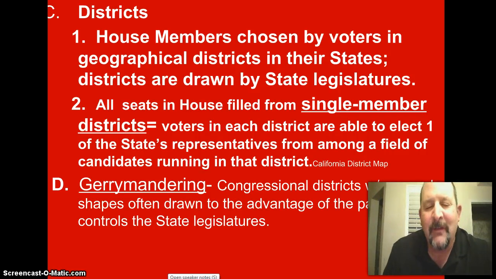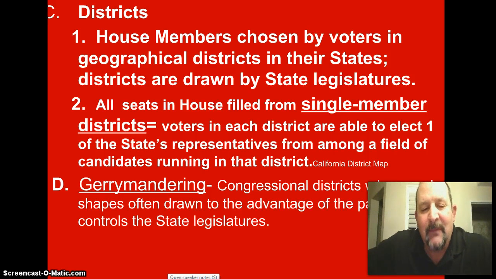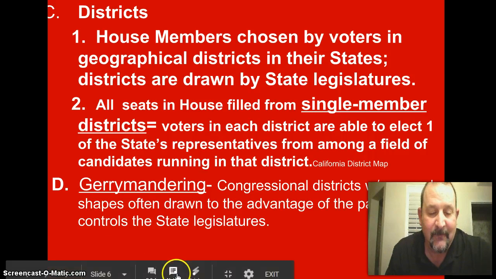Gerrymandering is when congressional districts are drawn, remember, by the state legislatures. The state legislatures are responsible for drawing the boundaries of those districts. It's when congressional districts with unusual shapes are drawn that way in order to give an advantage to the party that controls the state legislature.